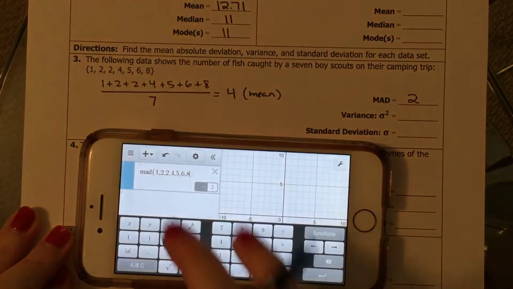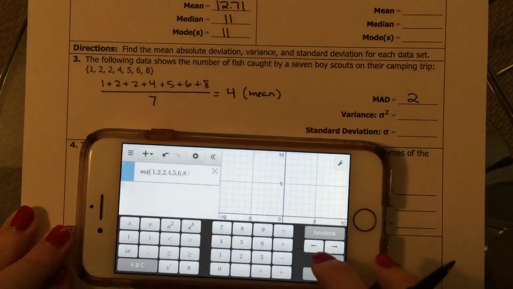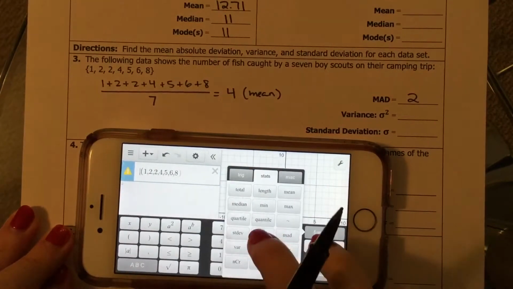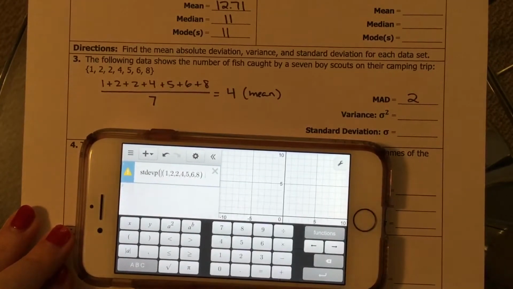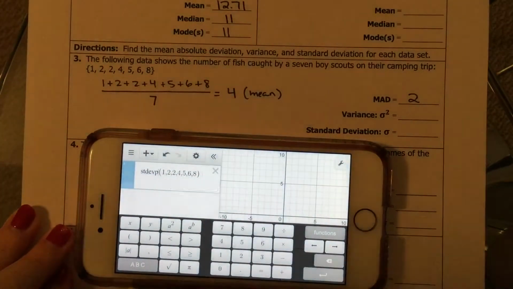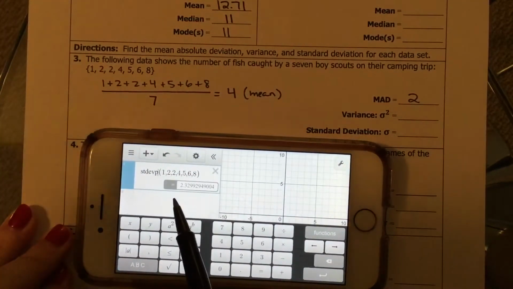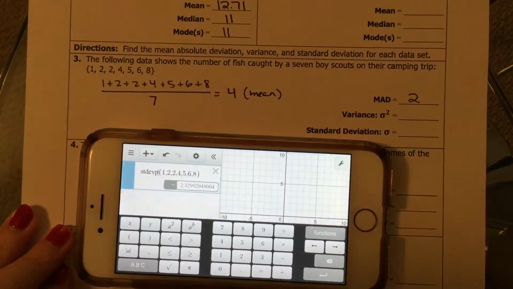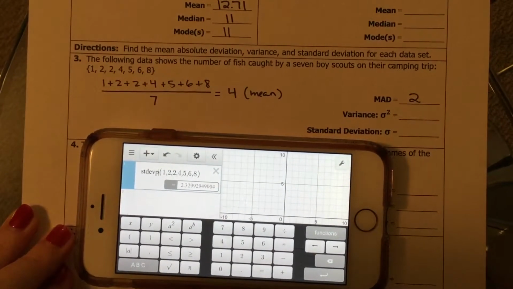And then we can do the standard deviation. Remember, standard deviation on Desmos is actually supposed to be this one with the P attached to it. And then make sure we don't have too many sets of parentheses. So we'll round it to 2.33 for the standard deviation. You might even want to do a few more decimals.